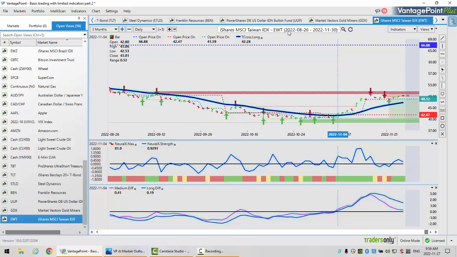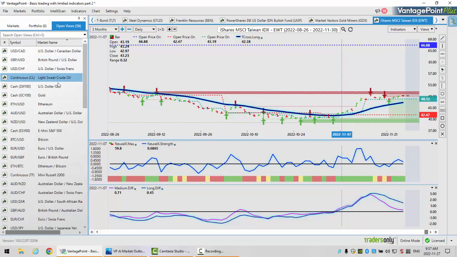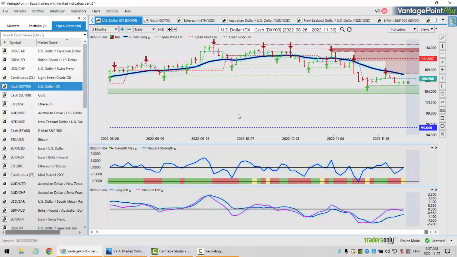And you can see that that is exactly what has happened here. So again, when we talk about intermarket analysis, Vantage Point has the ability to look specifically at how highly correlated they are on a percentage basis. When we look at these numbers, that has a large impact on how we do things.